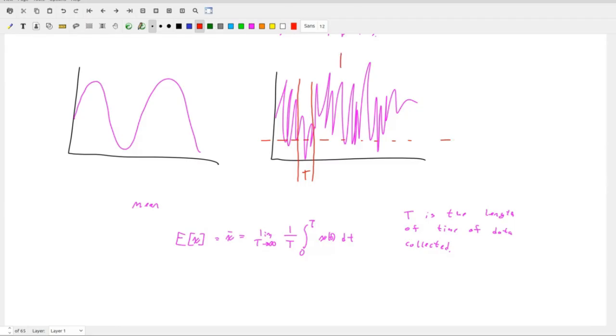So if I collect for this T, starting at the same point, but let's come out to here, maybe this is my average. That makes sense? So the length of time that you collect for is very important. You don't get your average until your T goes to infinity, right? So you'll never, quote unquote, have your average, but we can get pretty close.